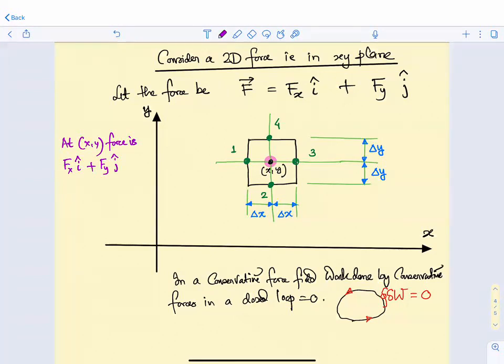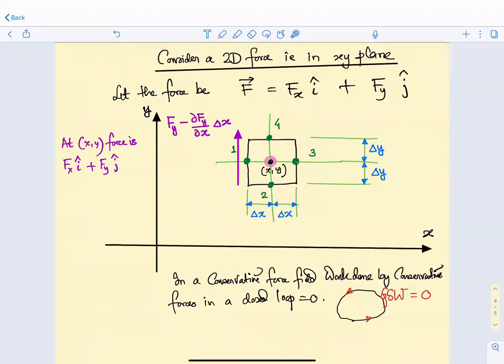So at point 1, the y component of the force is this way, upward, obviously along the y axis. At point 1, the y component of the force is Fy minus del Fy/del x times delta x.